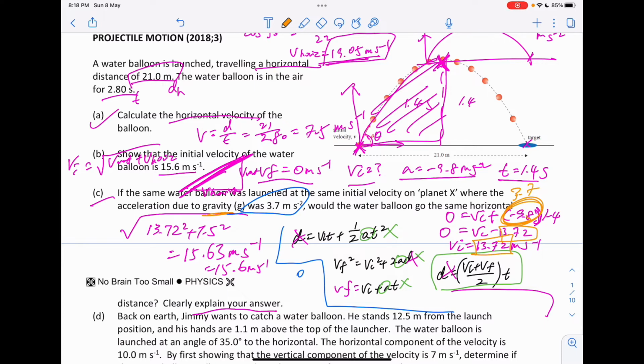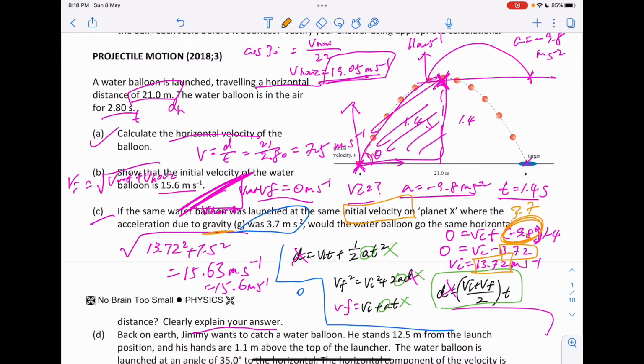Wait, no, the balloon is in the air for 2.8 seconds. Same initial velocity, okay? Which means we have the same initial velocity. So it's still at 15.63.